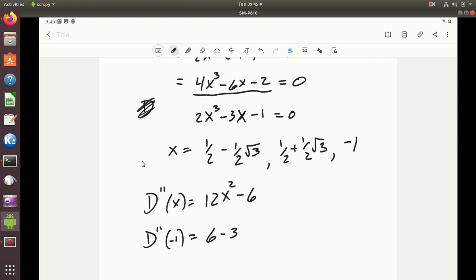Yeah, so putting -1 in there, that becomes 12 minus 6, which is 6. Wow, I'm really messing this one up, because what's that say? That says concave up. Well, that would be a minimum. That's not a minimum.